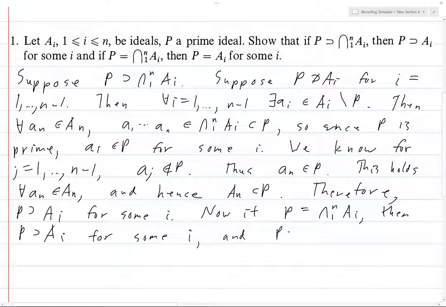And P equals the intersection from 1 to n of AI, which is a subset of this particular AI. And thus, we have P contains AI, and P is a subset of AI, and thus P equals AI. And so there we go. That's the last part of the proof, and so we're done.